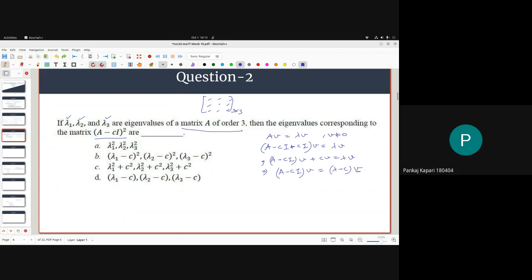So we have this relation, but we have to find the eigenvalues of the square, A minus Ci whole square. Let's see what we have when we take this square.